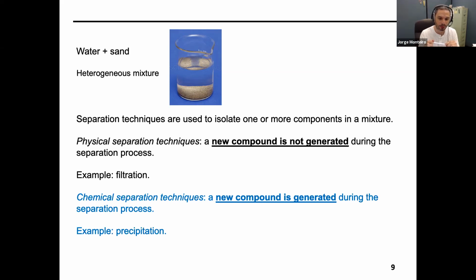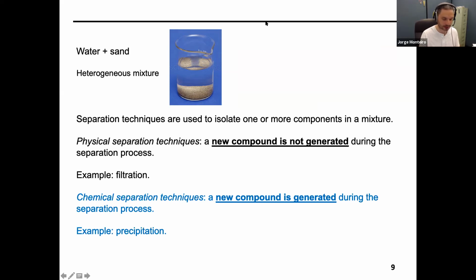A chemical separation technique is exactly the opposite. A new compound is produced during the separation process. Okay, you start with a composition and you finish with a different composition. And two examples that I like to talk about: for physical separation technique, filtration; for chemical separation technique, precipitation.